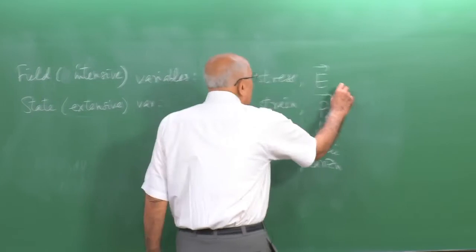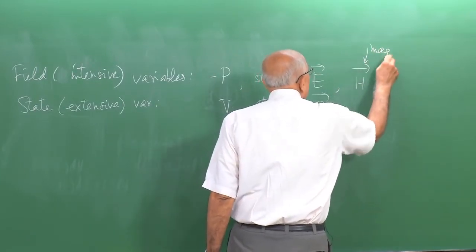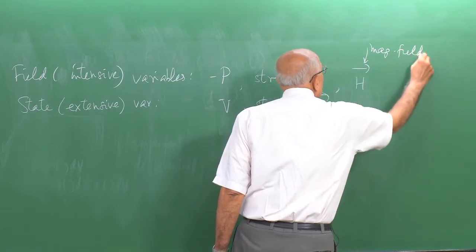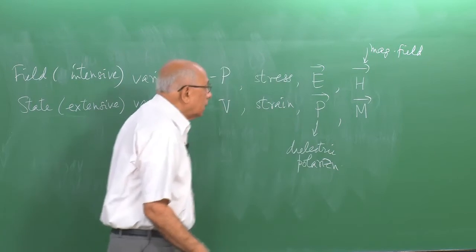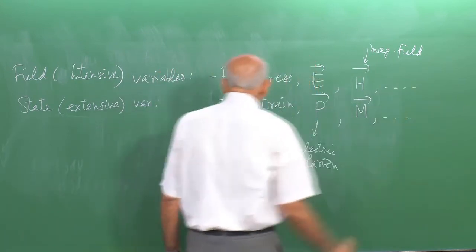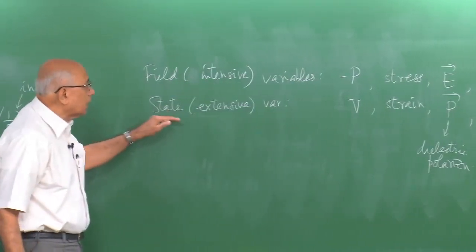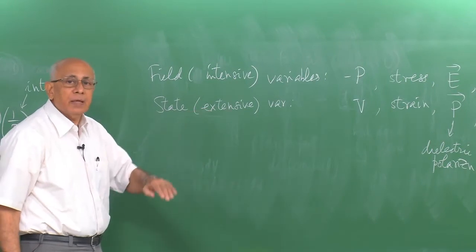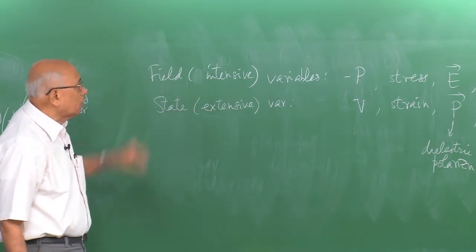Then you could perhaps apply a magnetic field H. The system would respond by acquiring a magnetization M, and so on. So, you have a set of field variables and a set of extensive variables called the state variables, which represents the response of the system to the application of these field variables.